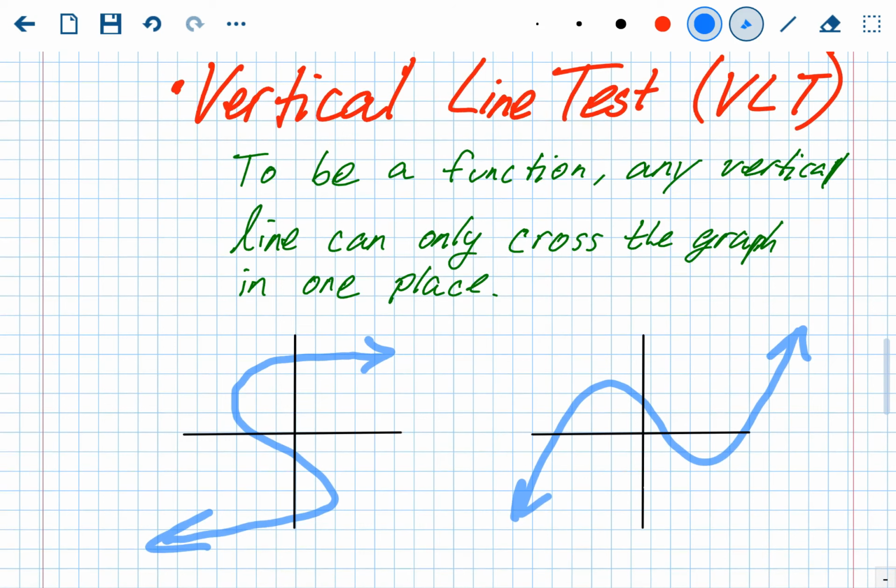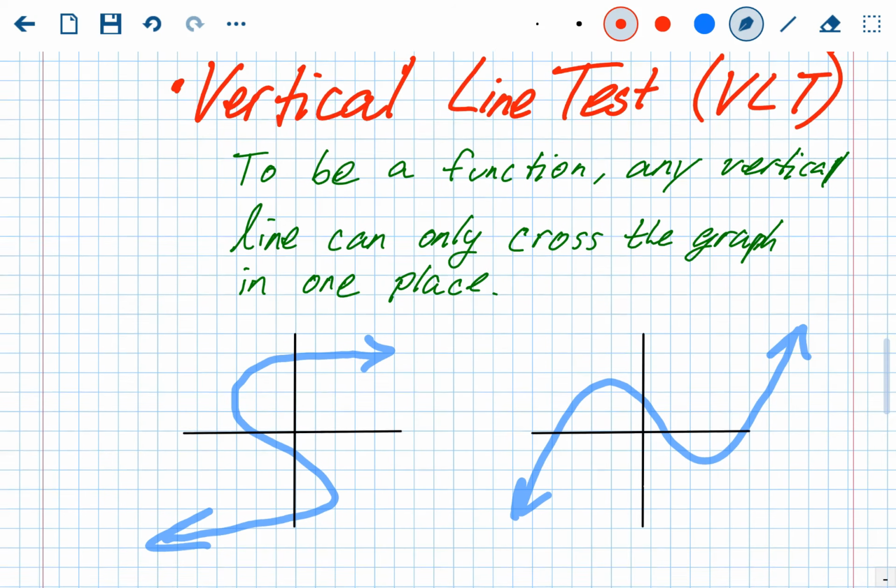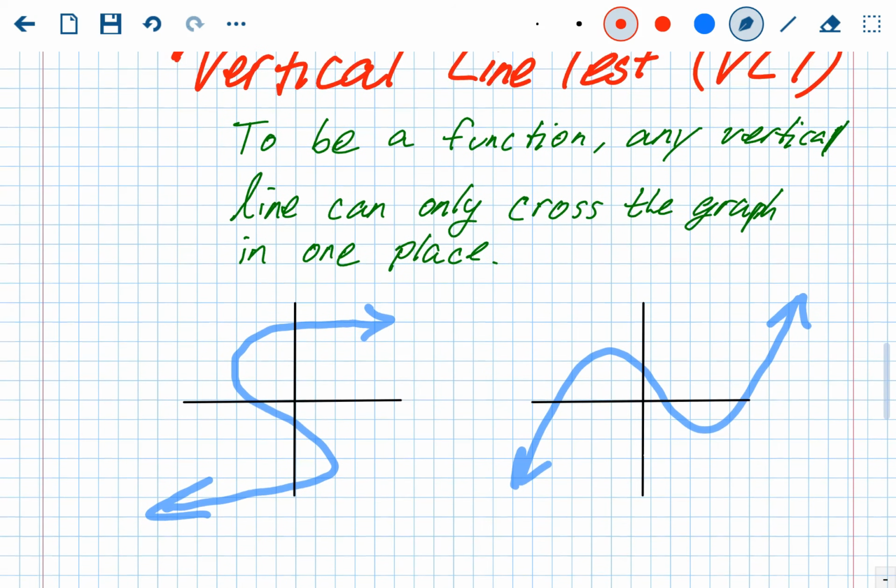So again, let's read the vertical line test again. Vertical line test states that to be a function, any vertical line can only cross the graph in one spot. So what that means is if you could draw a vertical line anywhere on the graph, it can only cross the graph once. So let's draw a vertical line on this first graph. Do it in red. Okay.